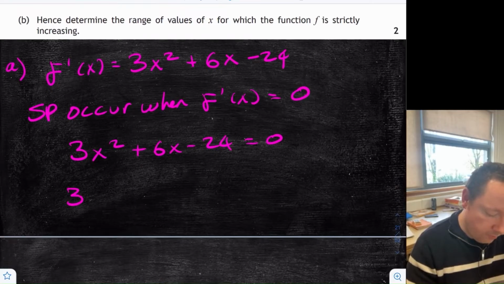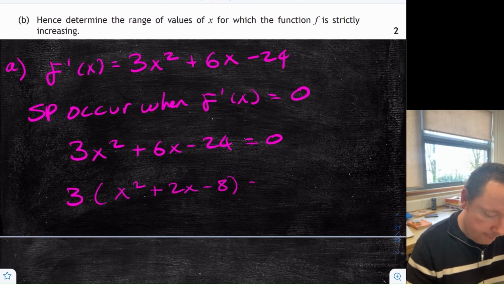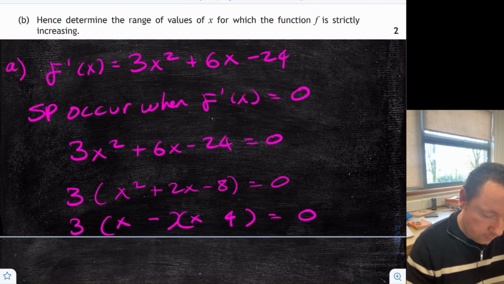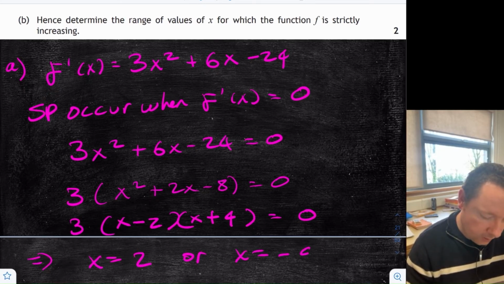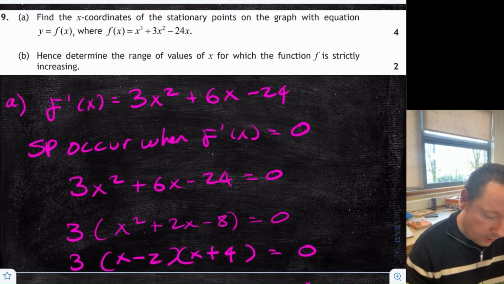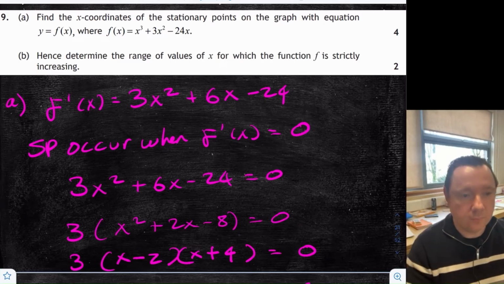Taking 3 out as a common factor, we get x squared plus 2x minus 8. So that's 3, double bracket, x and x, 4 and 2, plus 4 minus 2. So that implies that x equals 2 or x equals minus 4. Just the x coordinates, so we're done there.